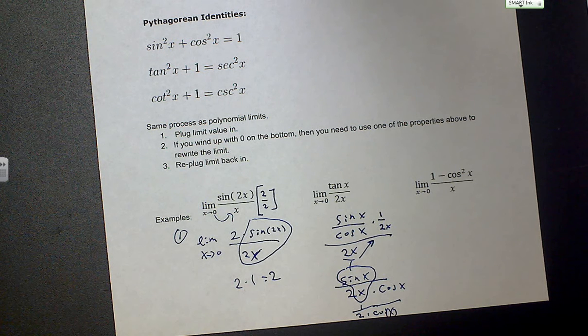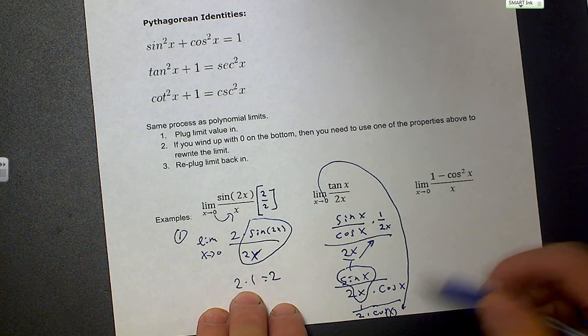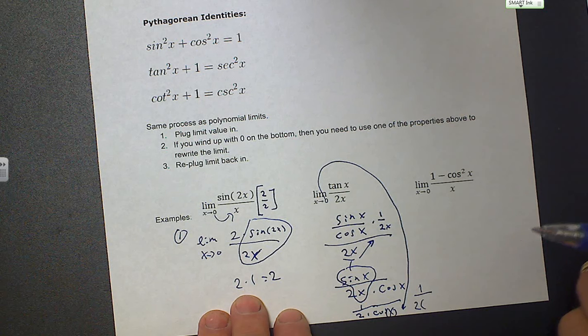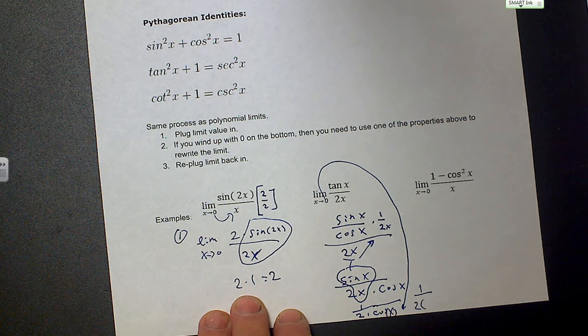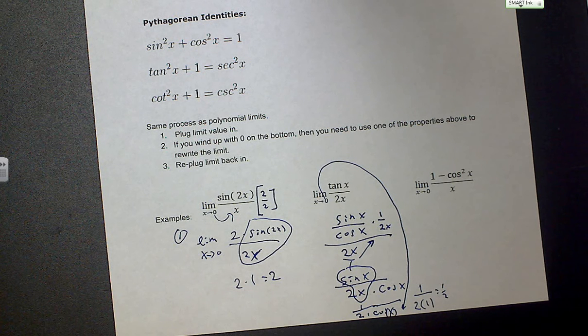Plug that value back in. So plug a 0 in. And that's 1 over 2. The cosine of 0 is 1. So 1/2. That makes sense? You okay with that? Okay.